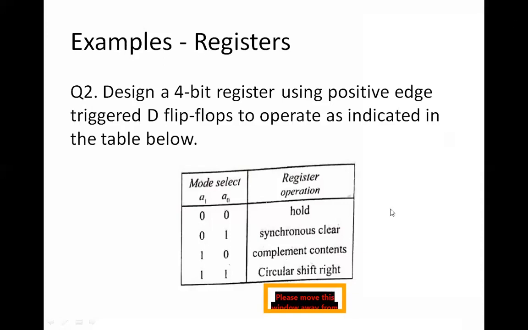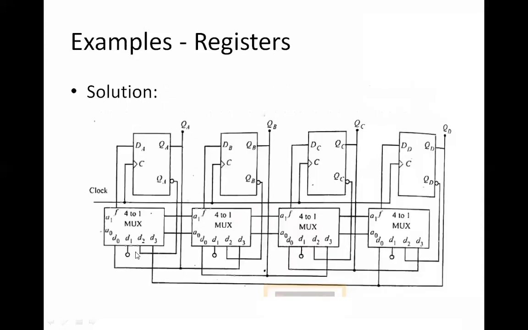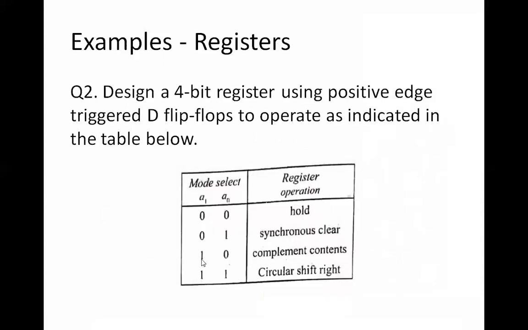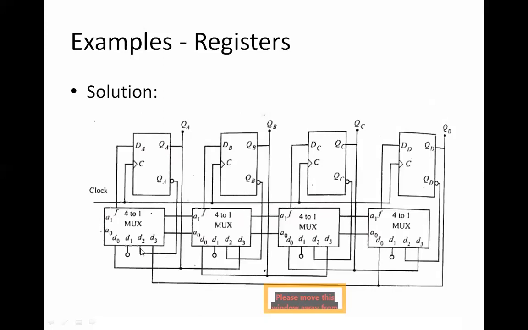Okay. Complementing the contents becomes easier when we think of the outputs, right? We have Q and Q bar. If I take Q bar, that is nothing but complementing the contents. So let us see D2. Here you can see 1 0, 0 1 2 3, right? So 2 is referring to D2. D2 should be connected to the complemented version, right?